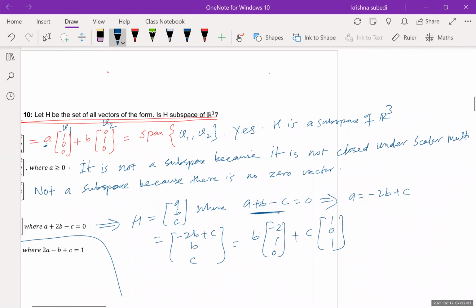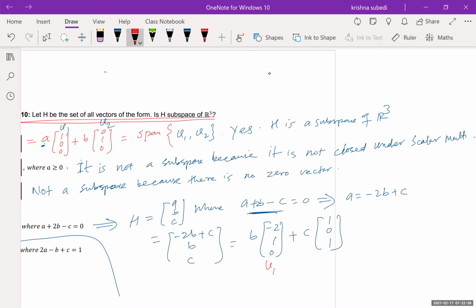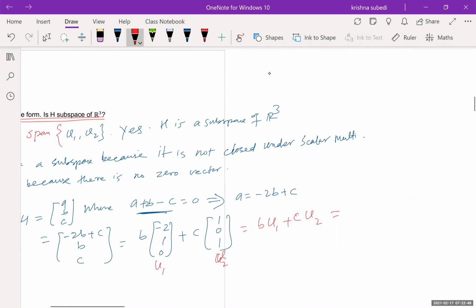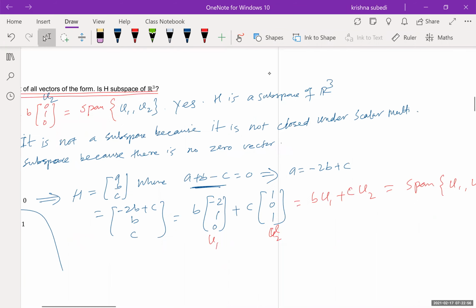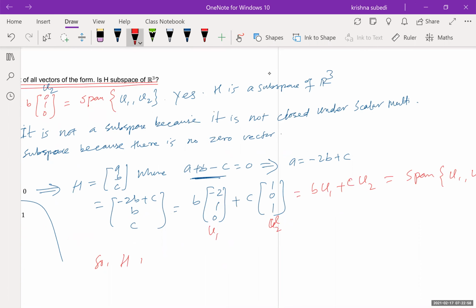If I suppose this to be v1 and this one to be v2, then I can write this as b v1 plus c v2, which can be written as a span of v1 and v2. So by theorem 1, H is a subspace of R3.